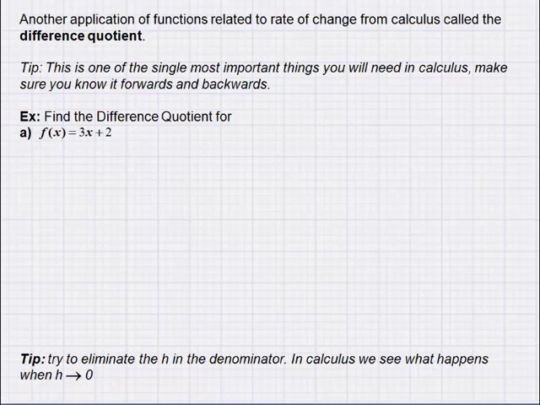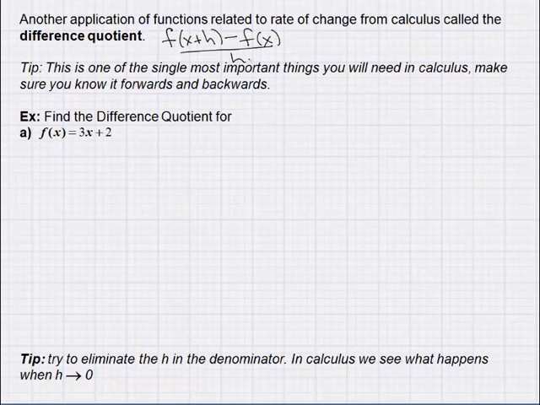Now, what we want to do is find what we call the difference quotient. The difference quotient is a specific fraction that is basically built off of a lot of the things we've already talked about. The difference quotient is f of x plus h minus f of x all over h.